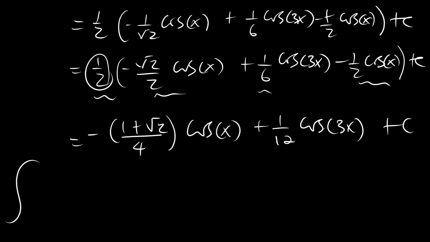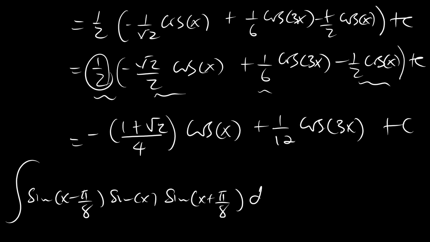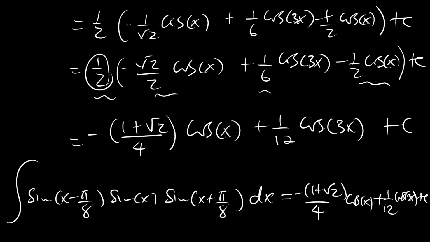So our integral of sine of x minus pi over 8 times sine of x plus pi over 8 is equal to negative 1 plus root 2 over 4 cosine of x, plus 1 over 12 cosine of 3x, plus c. And that is our answer.